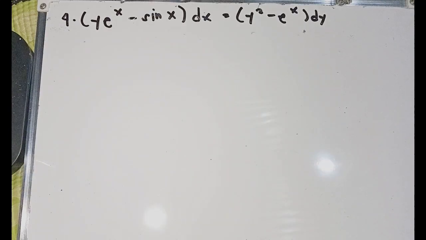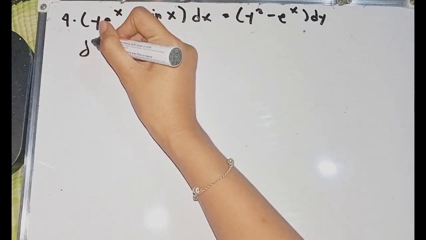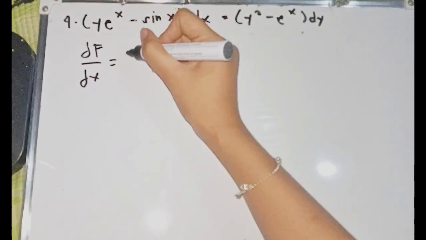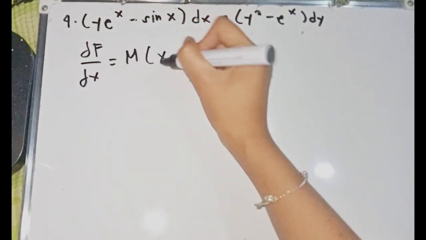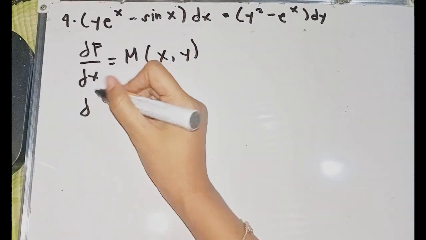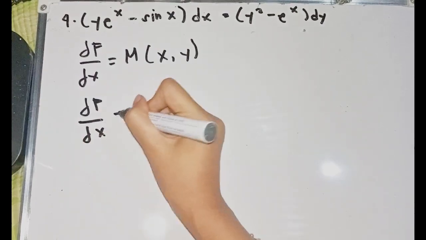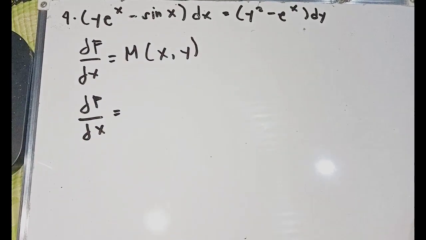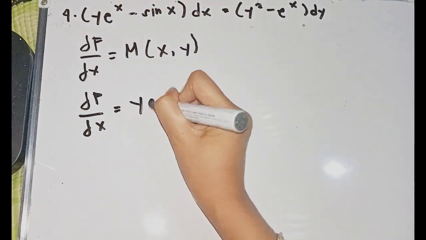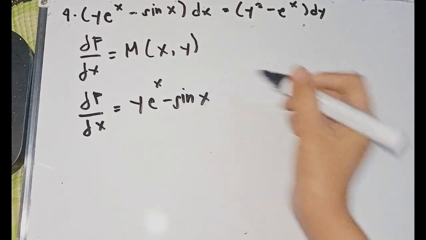So we can now use the formula, which is the partial derivative of f with respect to x is equal to M as a function of x, y. Our M is this one: y(e^x - sin x).